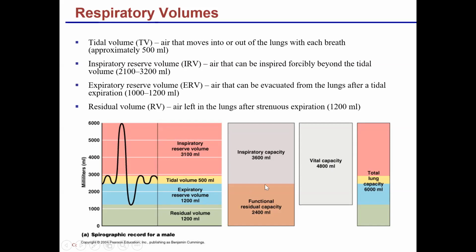All right, so on this side is the capacity. Capacity is how much air the lung can handle. The inspiratory capacity is the total volume you can inhale. That is the tidal volume plus the inspiratory reserve volume.